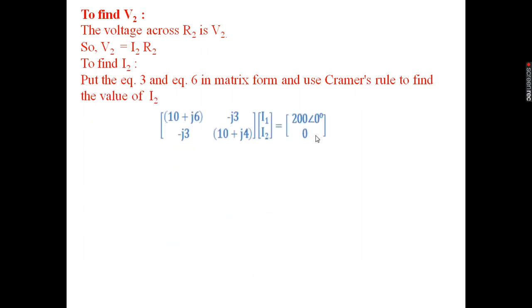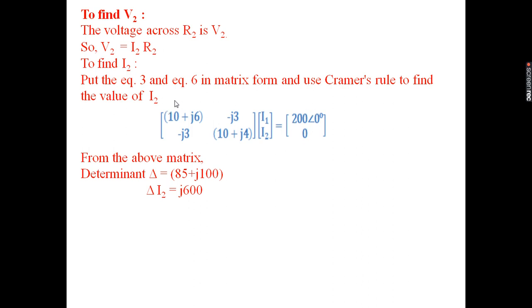Solving from the matrix, we get the determinant del, which is 85 plus j100. Substituting for I2 and again finding the determinant, del I2 is equal to j600. So from that we can find I2, which is equal to del I2 by del.